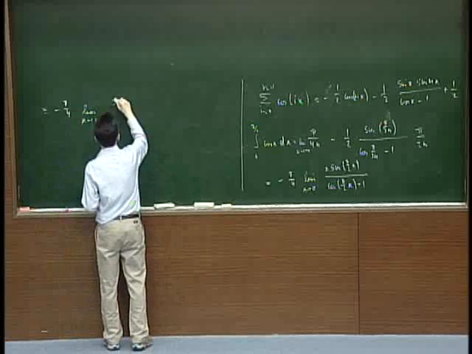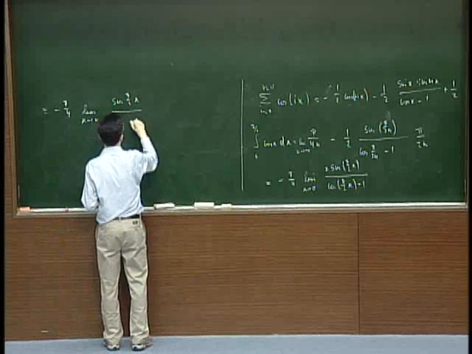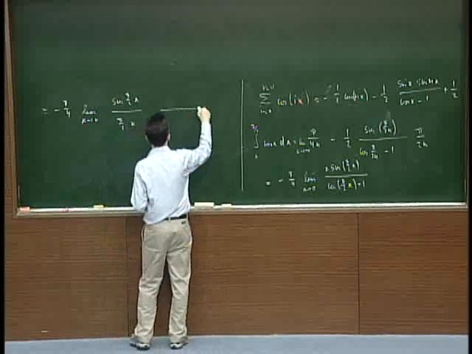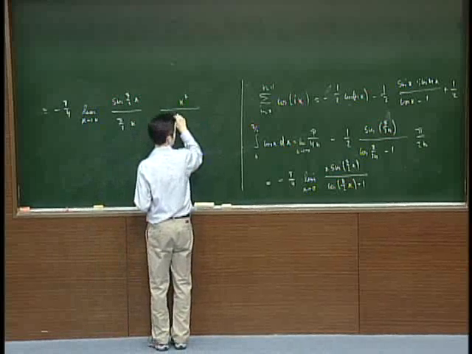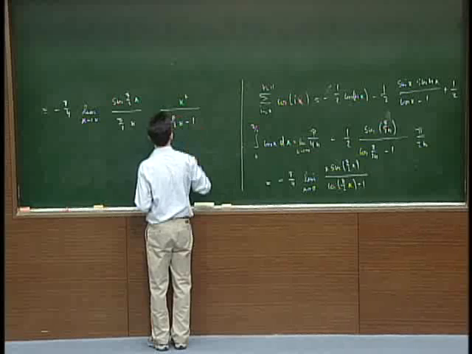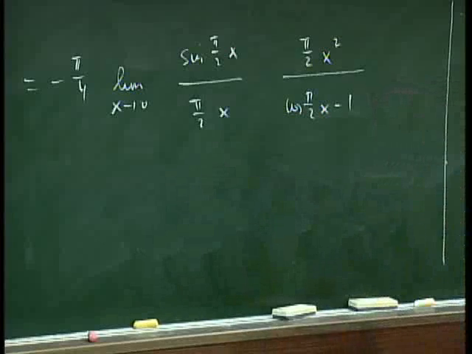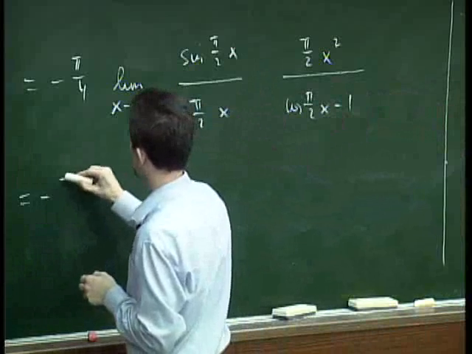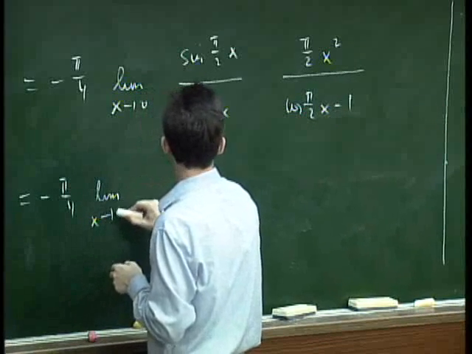So what we do here is, this is equal to minus pi over 4, the limit as x tends to 0. Now, we write here sine pi half x over pi half x. This will give us here another x squared. And we have here the cosine pi half x minus 1. And we have here pi half. Because we know that this here tends to 1, we can forget about this. So we have minus pi over 4, and the limit as x tends to 0.